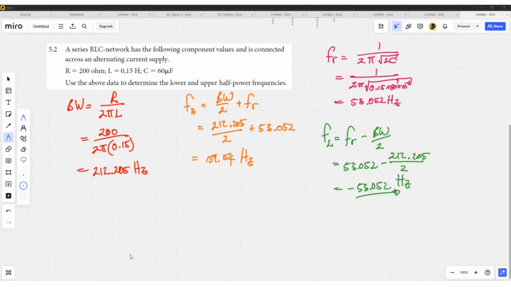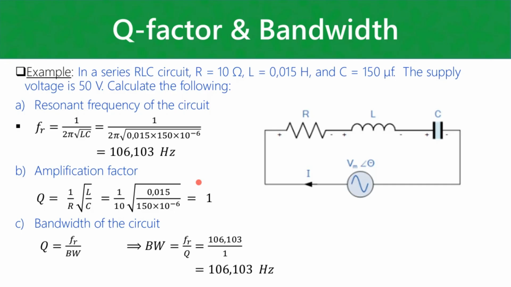So I'll go show you guys. But you shouldn't be able to get a negative frequency. I don't think the values given there are the correct values. I think the resistance is too high. So if we maybe halve the resistance, that might work out a little bit better.